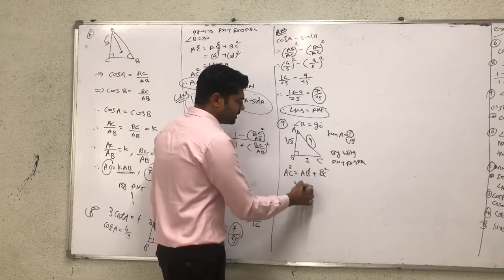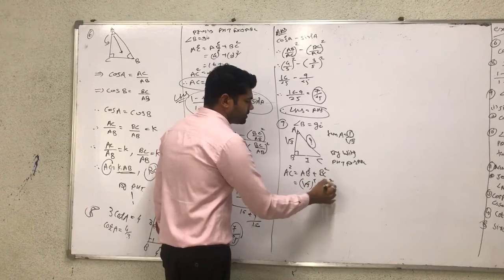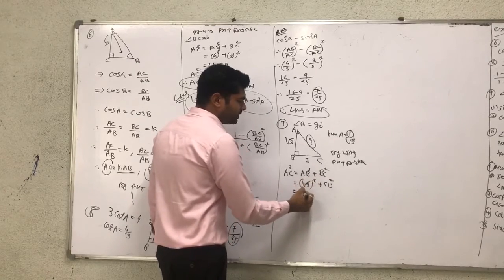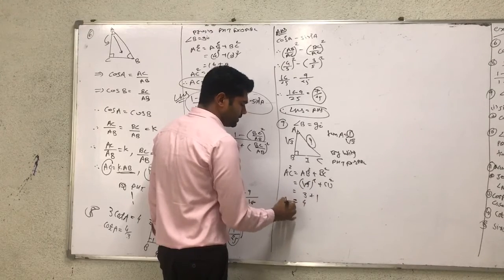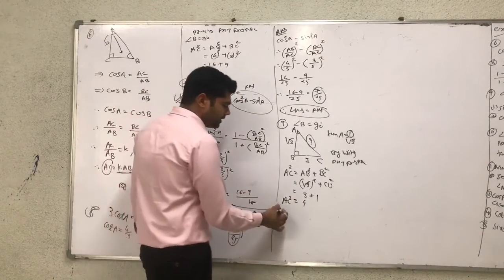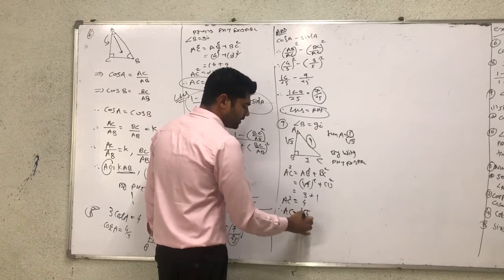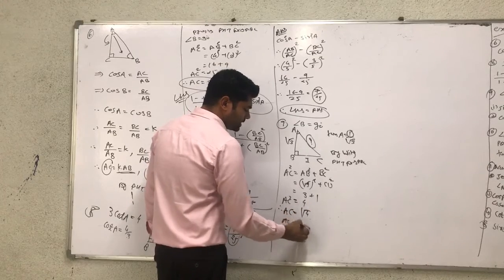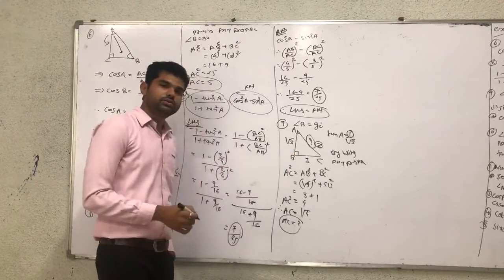AB square is under root 3 square and BC square is 1 square. Square and under root cancel, therefore the answer is 3. 3 plus 1, 4. The value of AC square is equal to 4. Taking the square root on both sides, under root 4. So AC is equal to 2.